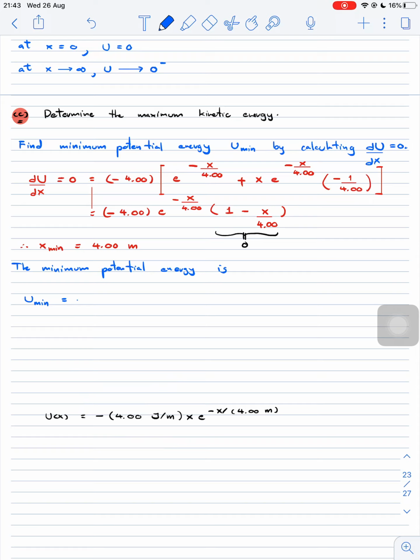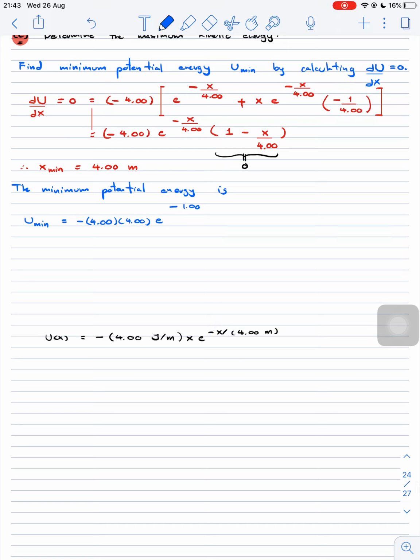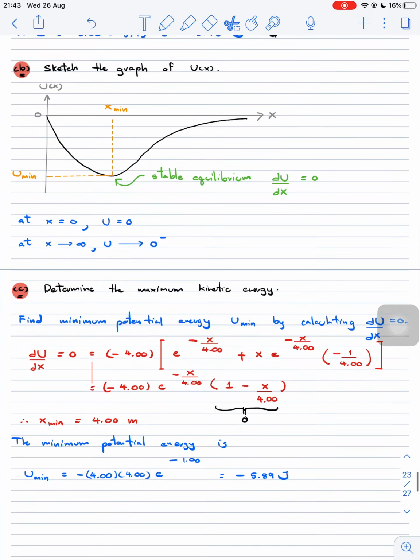We have the negative of 4.00 times x, which is equal to 4.00, and then e to the negative x over 4, which is equal to 1.00, because the x here equals 4. So finally the answer is negative 5.89 joules. So this is our U min, equal to negative 5.89 joules.